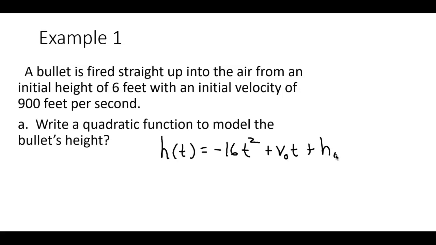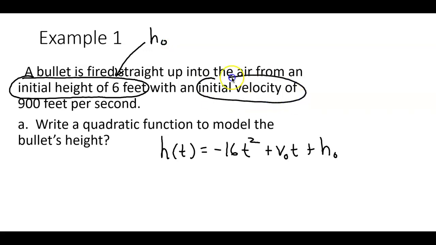Okay? So they tell me that my initial height, so let's circle that, is 6 feet. Initial height is this one. They also tell me that my initial velocity, that's this one, is 900 feet per second. So all I need to do to write a formula for this height of the bullet is plug in those two things.